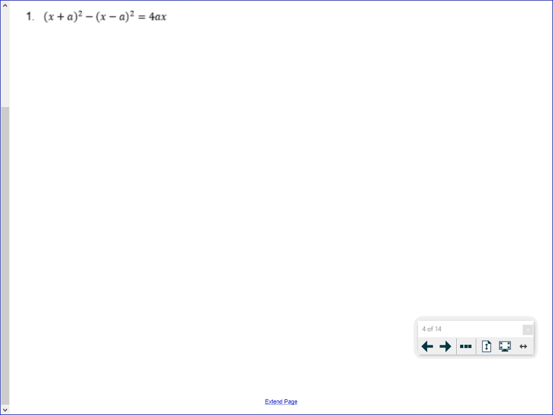For (x + a)² − (x − a)², we can actually see that both of these are perfect square trinomials. (a + b)² equals a² + 2ab + b².